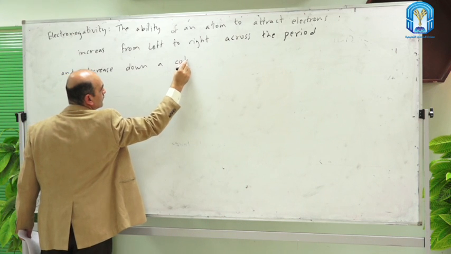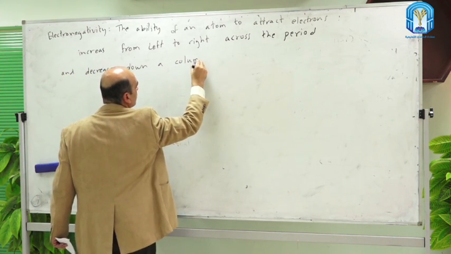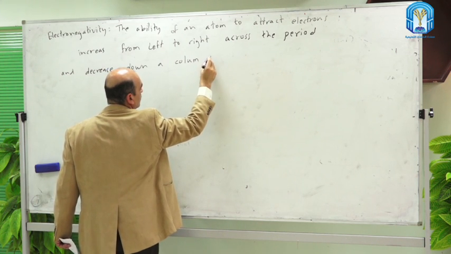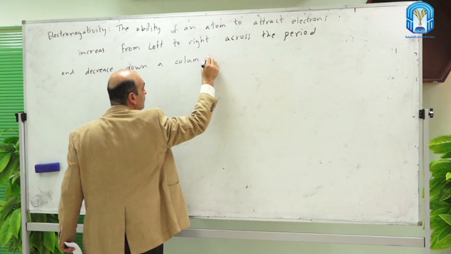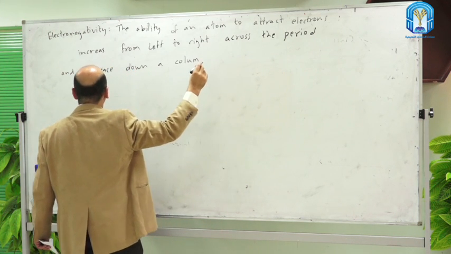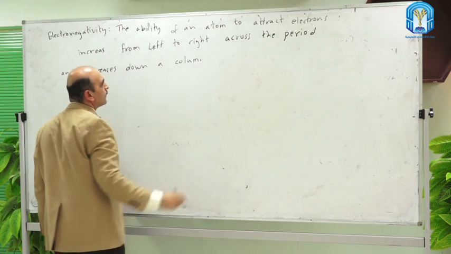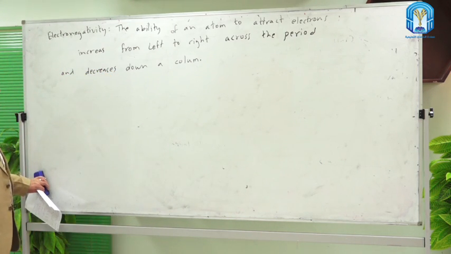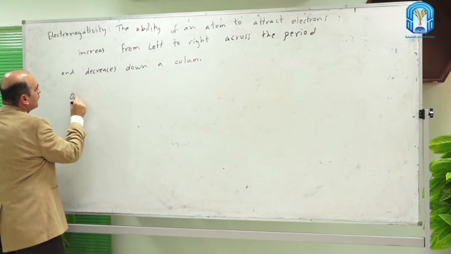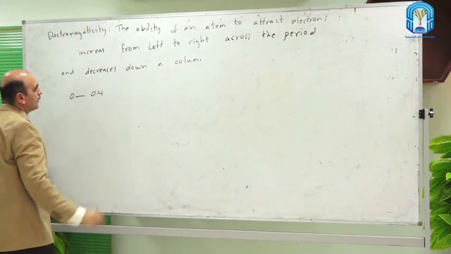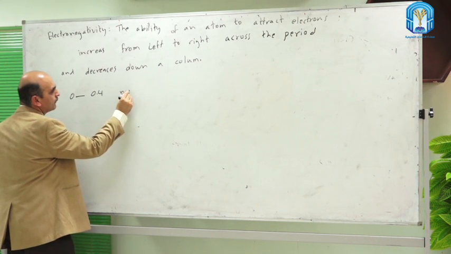That means from the top of the column to the bottom, it decreases. And also, if the electronegativity difference is between 0 and 0.4, the bond will be nonpolar.